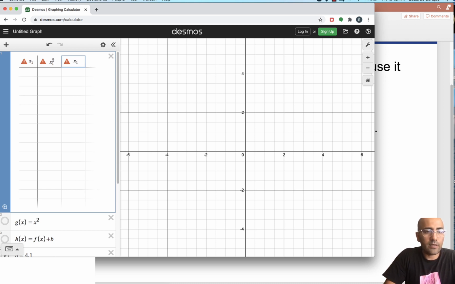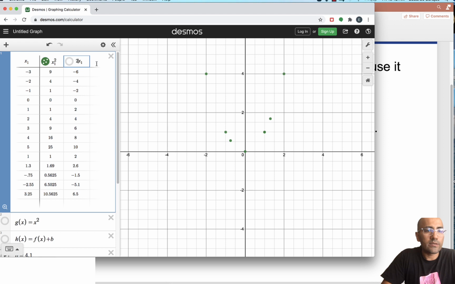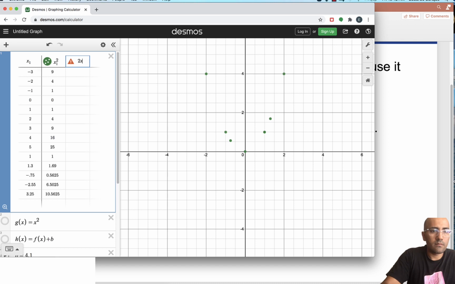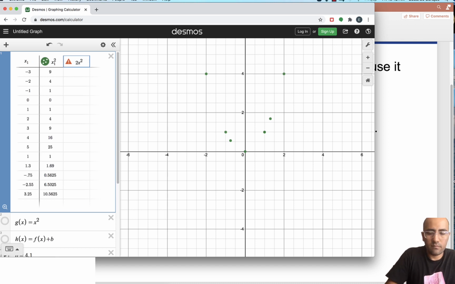So let's say we multiply it by 2. What's going to happen to that? So on a point-by-point basis, if we multiply everything by 2, then we're just doubling all our values.